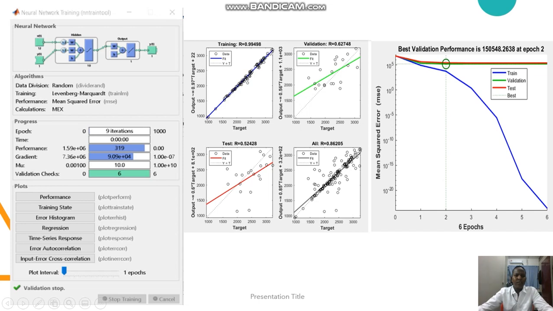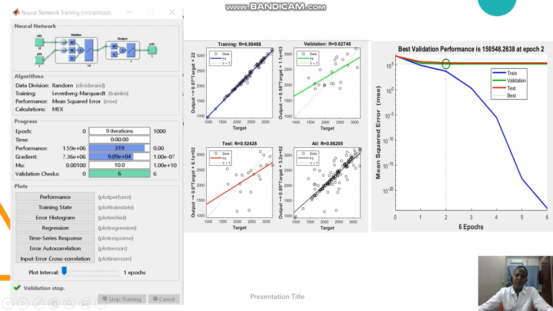First, we have to do the iterations. After the iterations, we get the performance of this artificial neural network: training state, error histogram, regression, time series, and the error autocorrelation and input error. If we want to find a different value, we can do it again by clicking the performance.